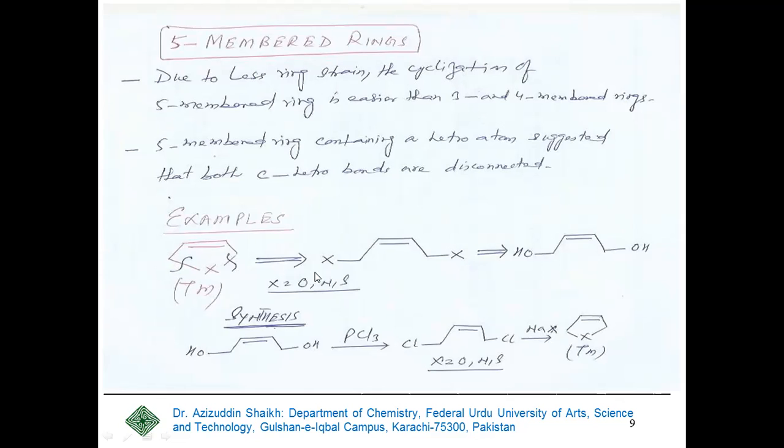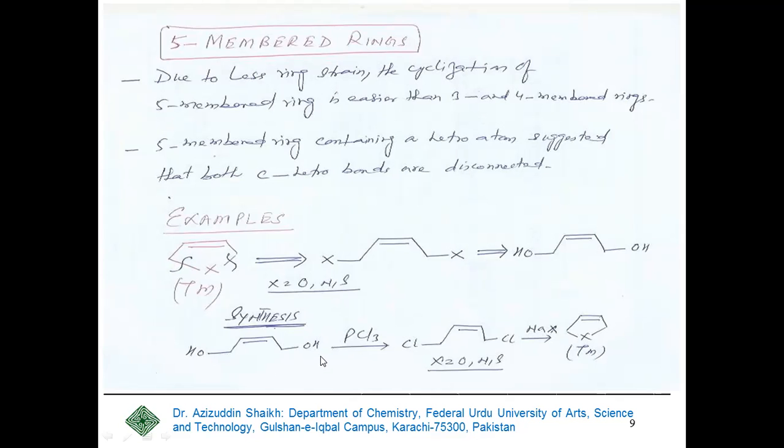We will obtain this, where X means oxygen, nitrogen, or sulfur, and by the FGI, they will be OH. Synthesis, the dihydroxyl compound reacts with phosphorus trichloride.